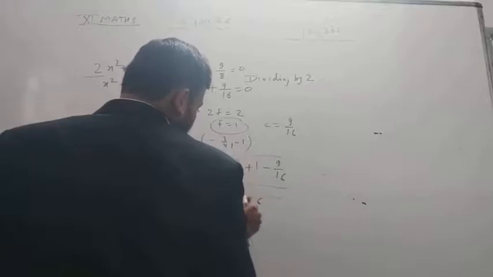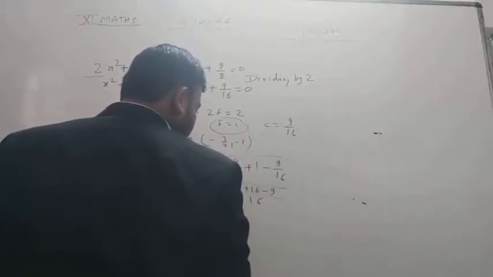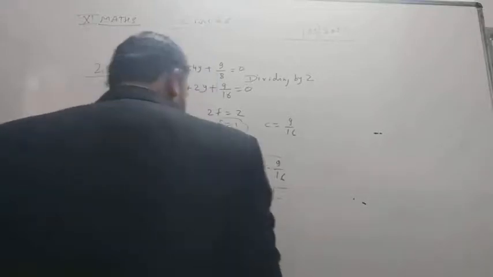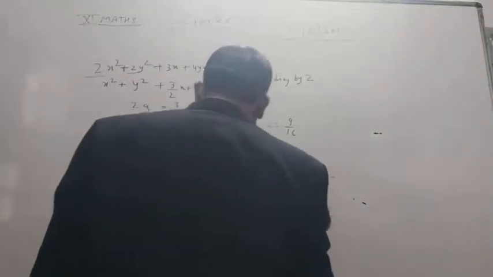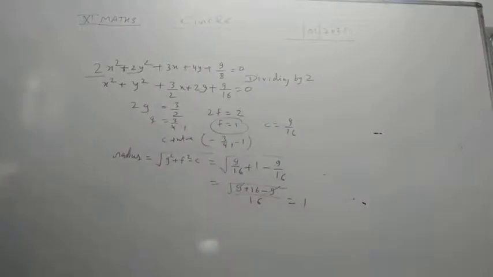Take the LCM 16, we get 9 plus 16 minus 9. Okay students, so this cancels and radius is 1 and its center is minus 3 by 4, minus 1.